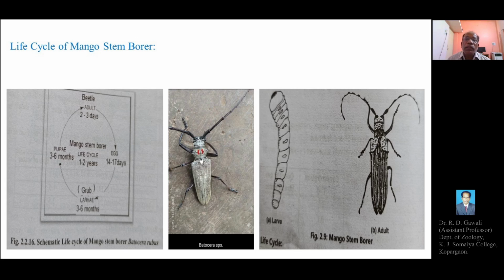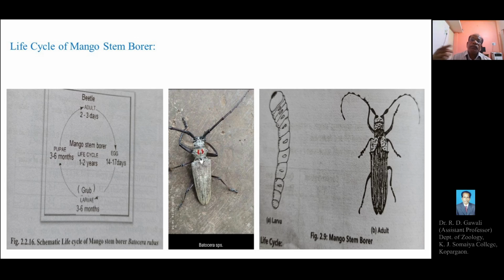crack on the stem or a root or the branch of the mango tree, and within a period of 14 to 17 days, it undergoes embryonic development and hatches out a larva called a grub.